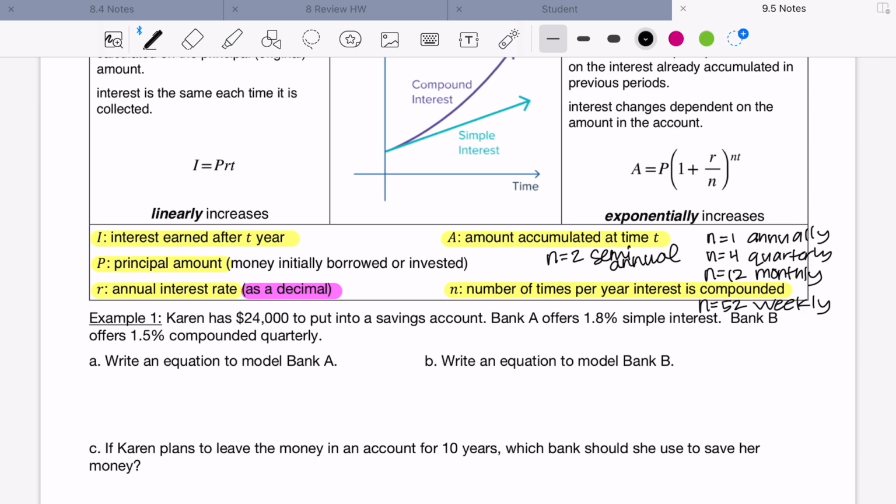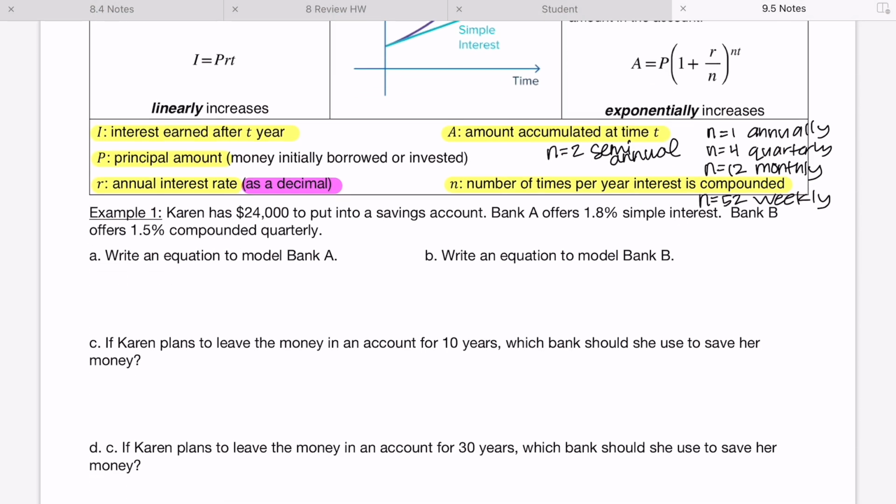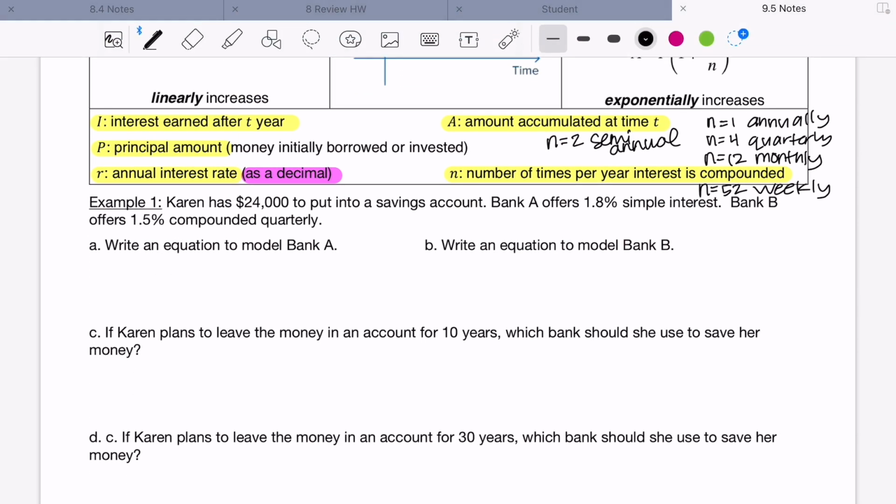So the first example says Karen has $24,000 to put into a bank account. Bank A offers simple interest, so it's going to grow linearly, so we would use that one. And Bank B is compounded quarterly. Write an equation to model these banks.